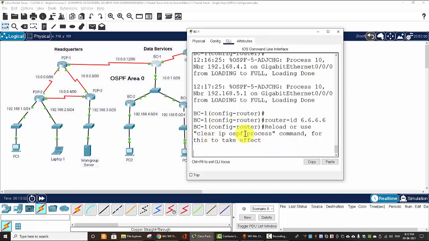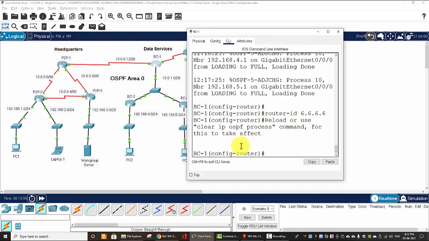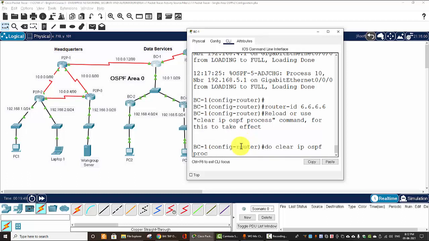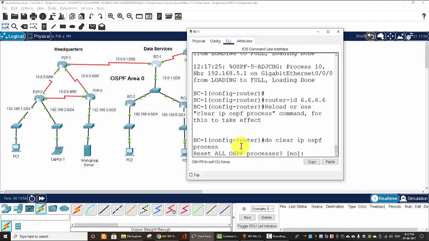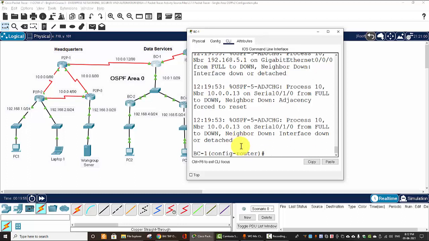And we should use the clear ip ospf process command for this to take effect. So I will clear ip ospf process. Reset? Yes. Okay.